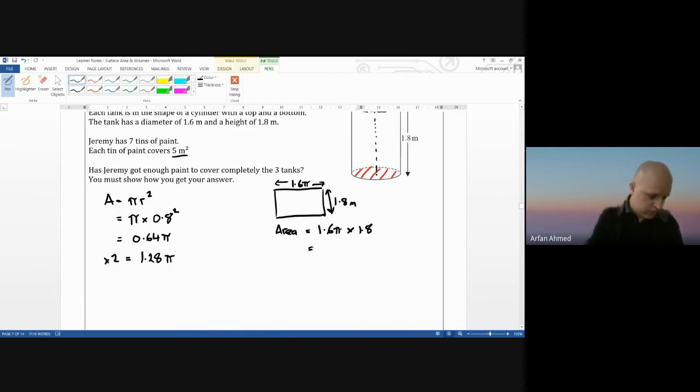Let's work that out. 1.6 times 1.8 is 2.88 pi. Don't forget the pi.